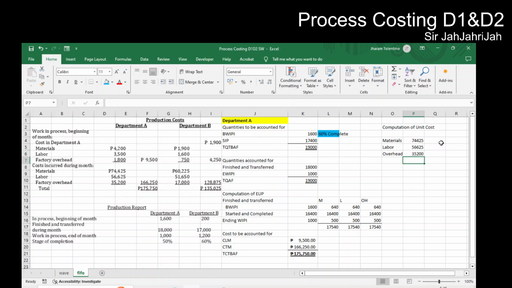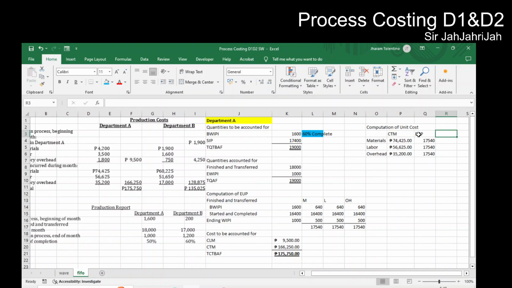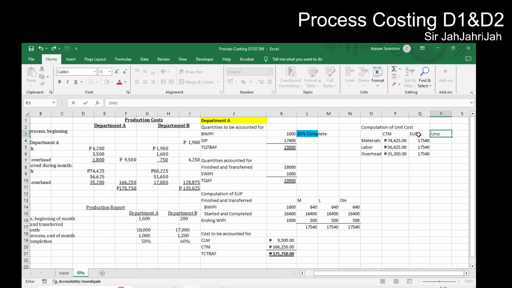And then divided by our EUP. So we have 17,540. Luckily everything is 17,540 because it's even distribution. Once again, this is cost this month divided by our computed EUP so that we can compute for the unit cost.